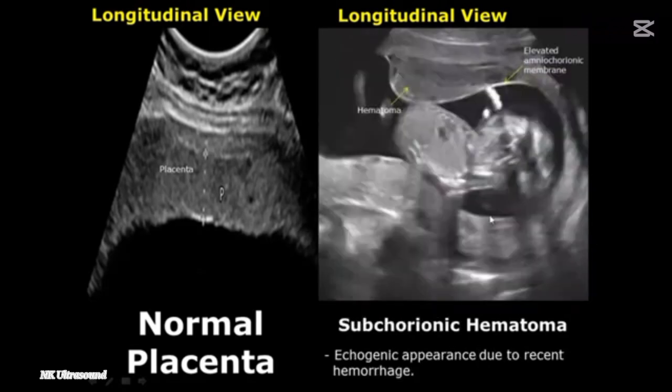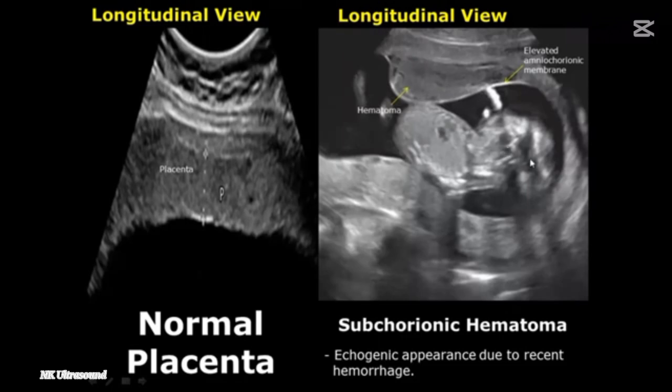A subchorionic hematoma can resemble a placenta as the bleeding occurs below the chorionic layer. It elevates the amniochorionic membranes, but they have one distinguishing feature, that is this hyperechoic line. This line is of the amniochorionic membrane, and a fresh hematoma will appear echogenic.